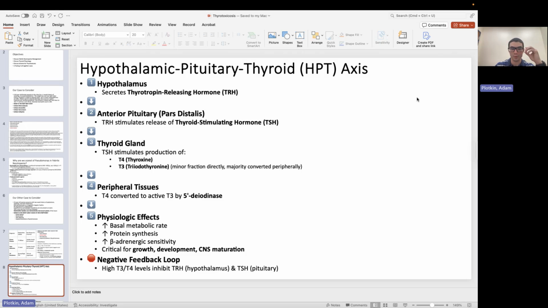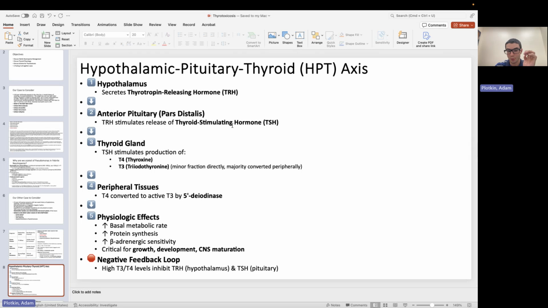So to first start, we need to quickly talk about the hypothalamic pituitary axis that I already kind of just mentioned, but we need to make sure everyone's on the same page. Sitting in our hypothalamus, it secretes thyrotropin releasing hormone that goes down to the anterior pituitary, and it says, hey, make TSH. So the anterior pituitary makes TSH. TSH does exactly what it says.